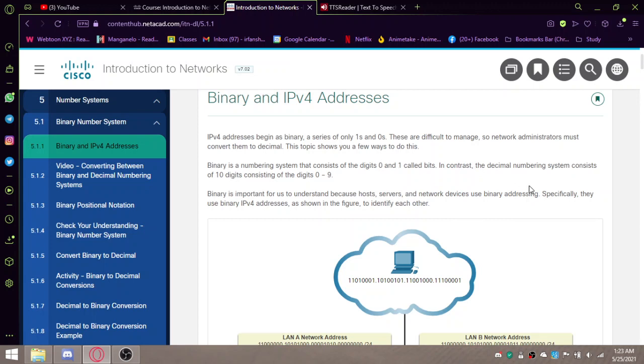In contrast, the decimal number system consists of 10 digits, 0 to 9. Binary is important for us to understand because hosts, servers, and network devices use binary addressing. Especially they use binary IPv4 addresses as shown in the figure.